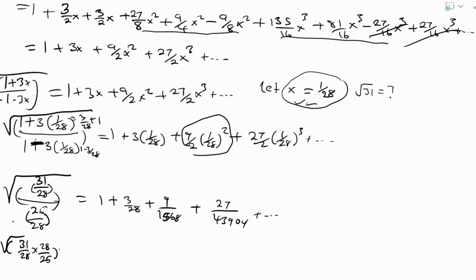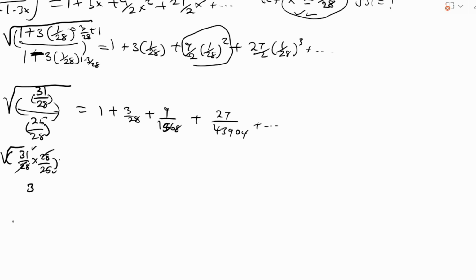You are left with 31 over 25, everything under square root, which is the same as the square root of 31 over the square root of 25, which simplifies to root 31 over 5. Now my left hand side simplifies to root 31 over 5, and on my right hand side, if you simplify, you can use a calculator.